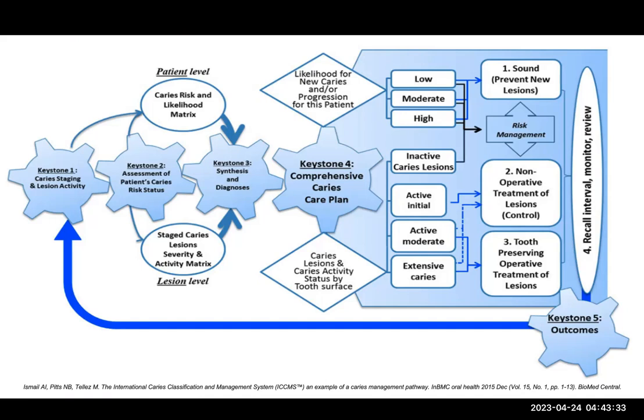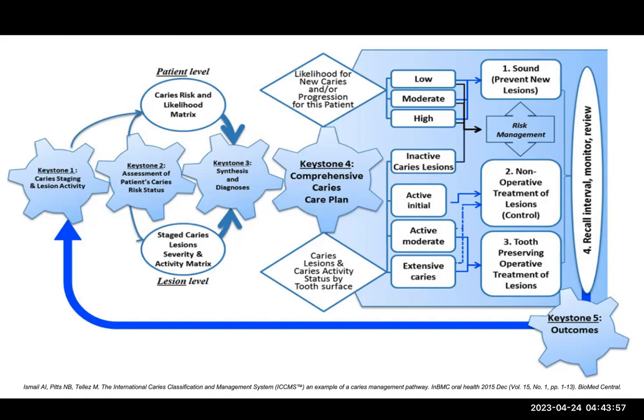Based on this, you get low, moderate, or high risk, but you may have sound teeth and you can prevent new lesions. You may have inactive caries lesions, but you still have to do risk management. And if you have active initial, moderate, or extensive caries, based on that, you do non-operative or operative care for the treatment.